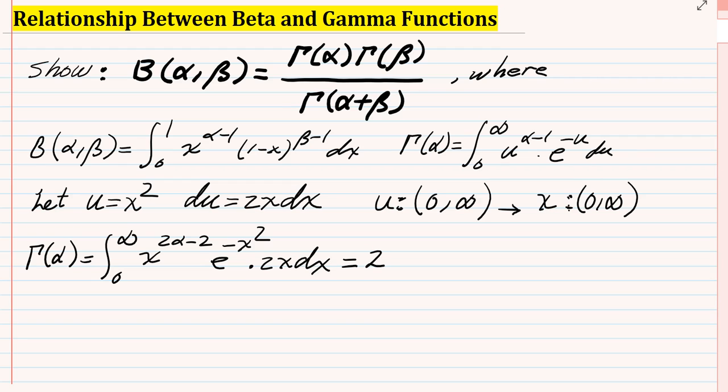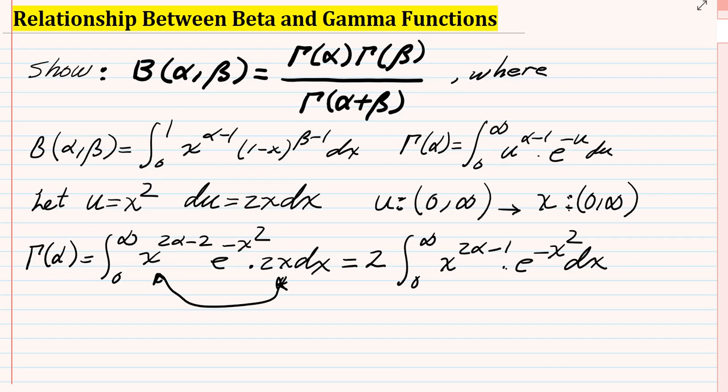I'm going to bring the 2 out in front. This is the integral from 0 to infinity of x to the 2 alpha minus 1 times e to negative x squared dx. The reason it's minus 1 is because I multiply x times this x, and that's how the exponent is increased by 1.